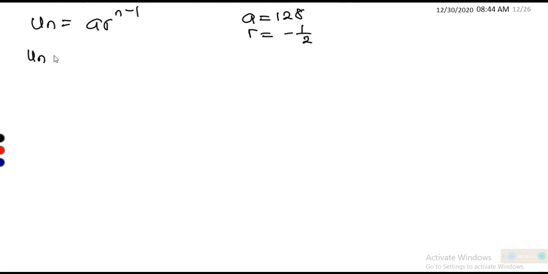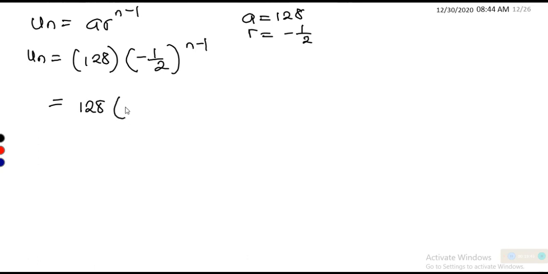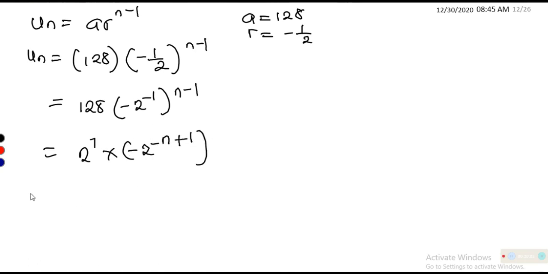So substituting into that, we have 128 multiplied by minus 1 over 2 raised to the power n minus 1, which is 128, okay, can be written as minus 2 raised to power minus 1 raised to power n minus 1, which is 128, of course, 2 raised to power 7 times minus 2 raised to power minus n plus 1. Okay, and of course this can be written as 2 raised to minus 2.